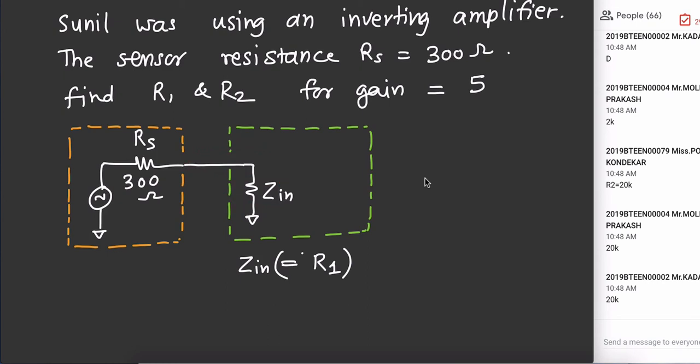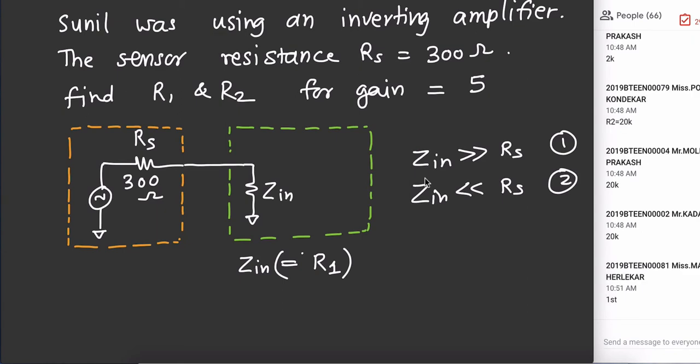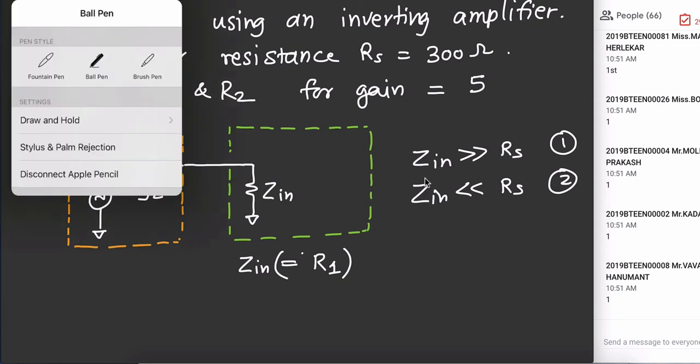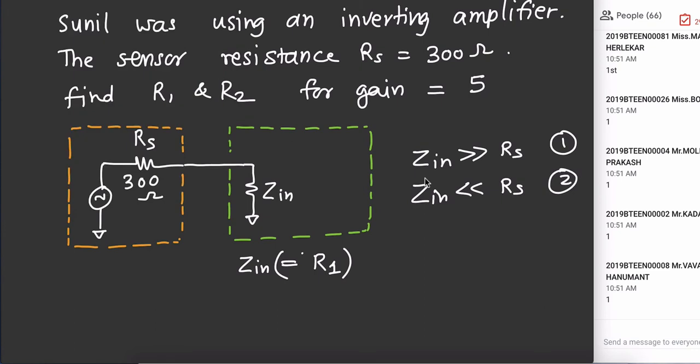I will write two equations, you choose the correct one. Zin should be very large as compared with Rs, and Zin should be very small as compared with Rs. So this is the first equation, this is the second equation. Choose the right one based on your intuition. First one. So input impedance should be very high. So let us rub out the other one.